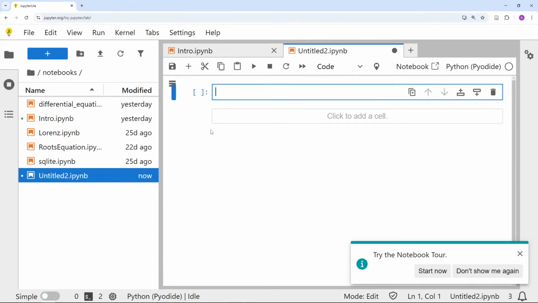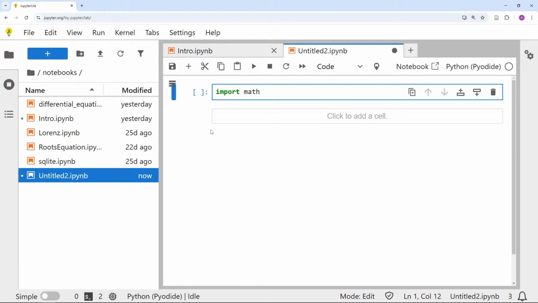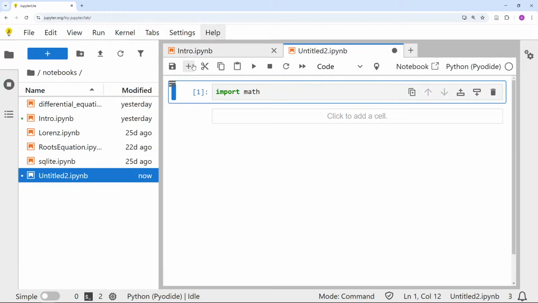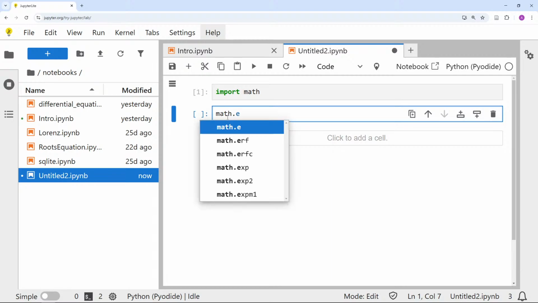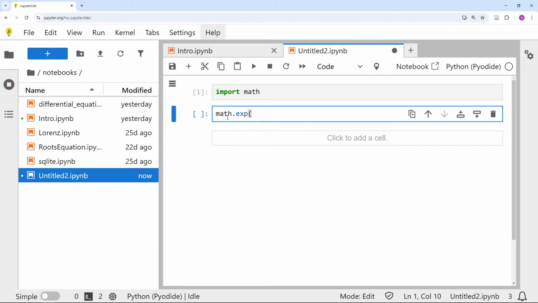So I can import the math library, and then say math.exp. If you click tab on your keyboard, it will show you the options, and you see here exp. And then I want to find the exponent of negative infinity.